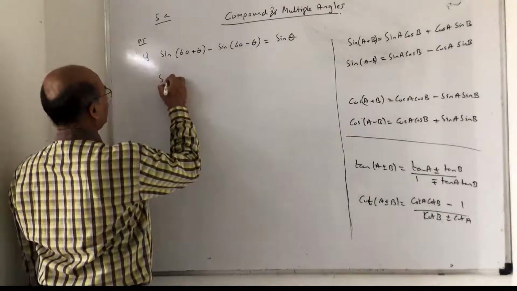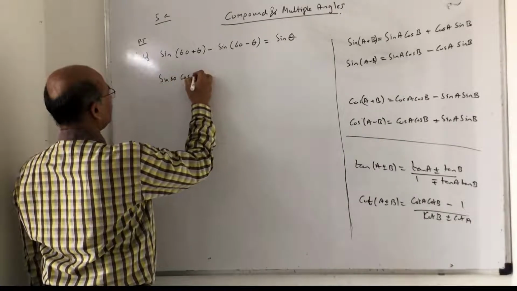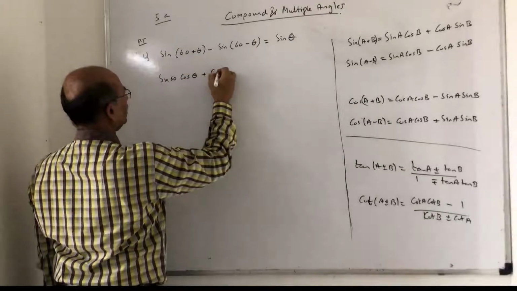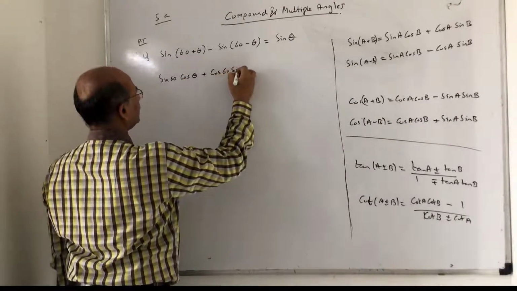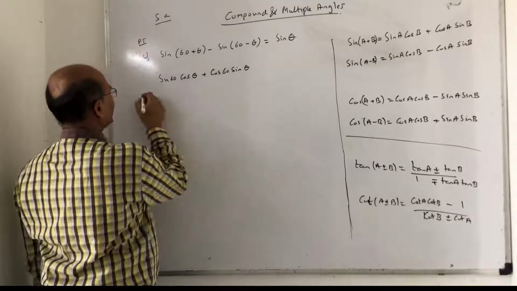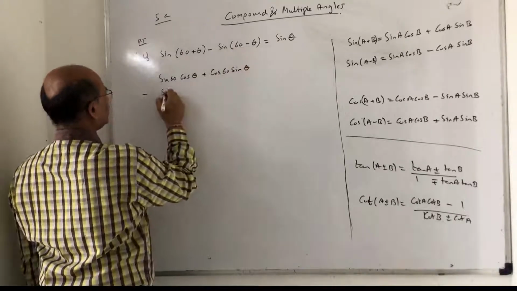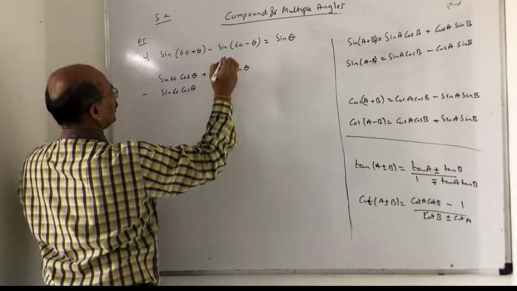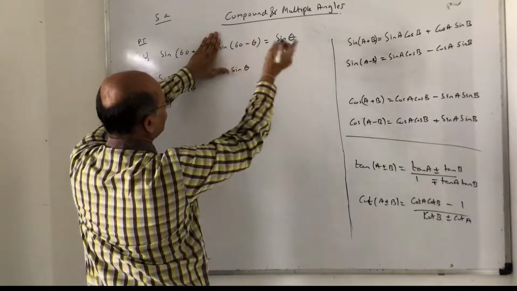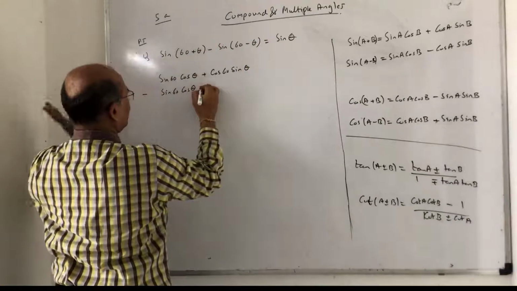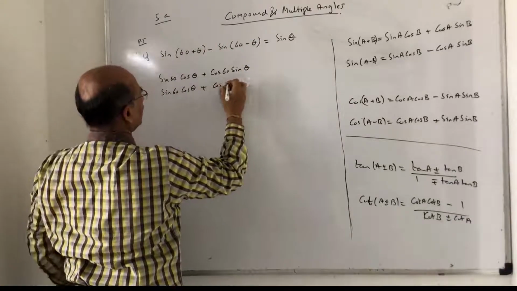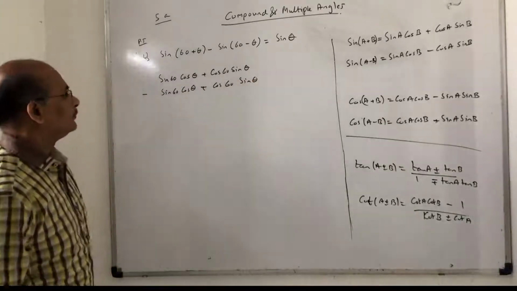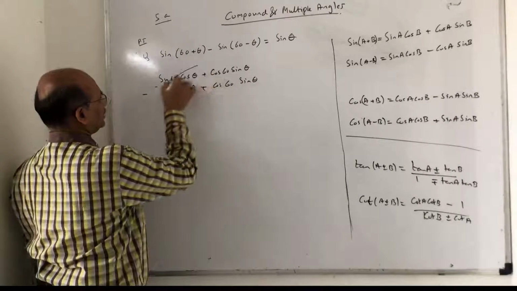This is sine A cos B plus cos A sin B minus sin A cos B. Now remember, if there is no minus, this is minus cos A sin B. So minus of minus becomes plus cos A sin B. Right?